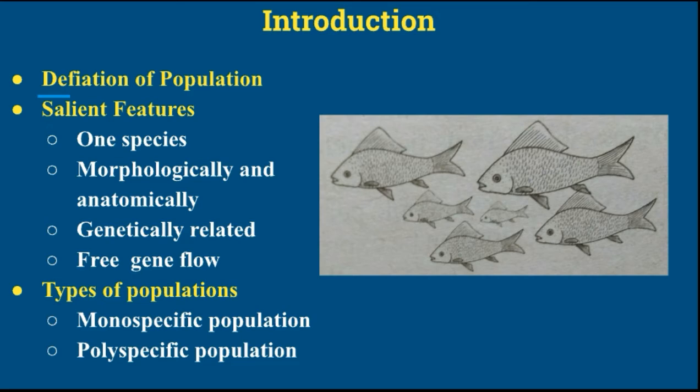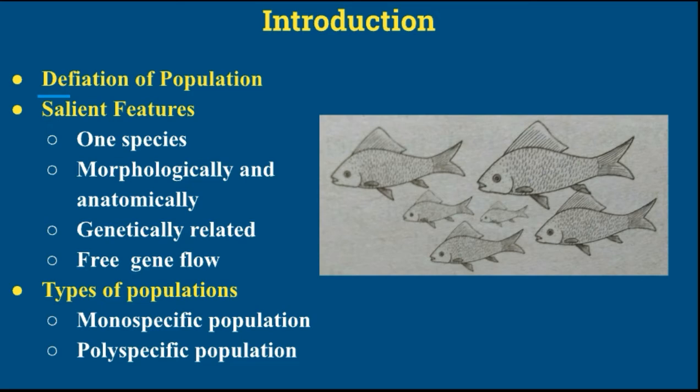Next are the types of population. You have seen here that there are two types of population. The first is the monospecific population and the second is the polyspecific population. What is meant by the monospecific population? A monospecific population is formed of only one species.